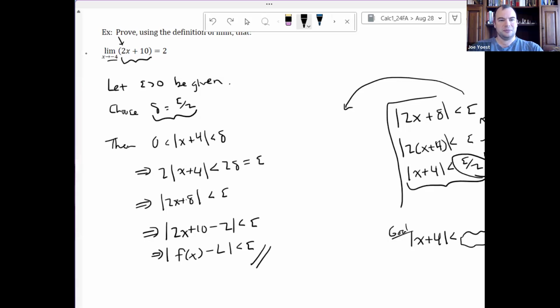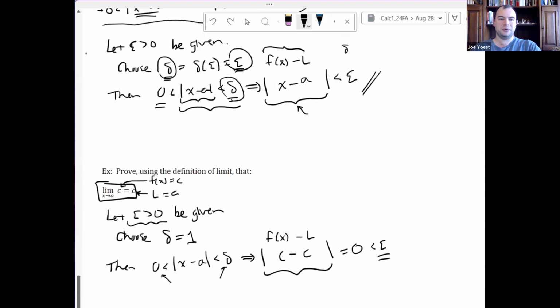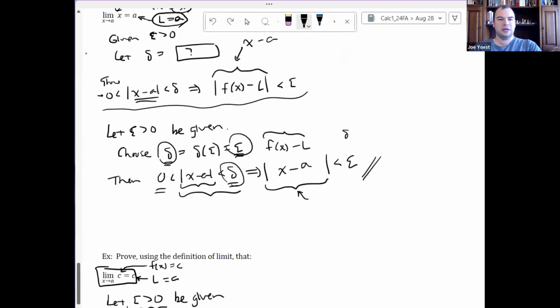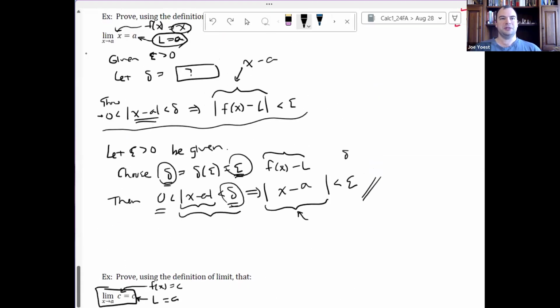Now, again, this is a pretty straightforward function. Are we going to be doing this for the rest of chapter 2? Well, no, we're going to leverage some of these properties. We proved a couple of the properties here. Some others we could prove, but we're not going to go through all of them.